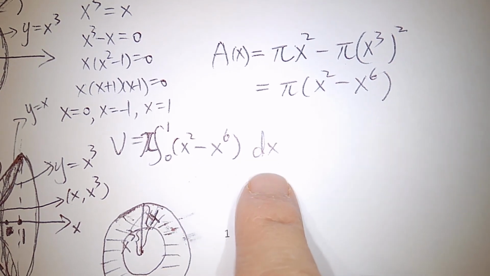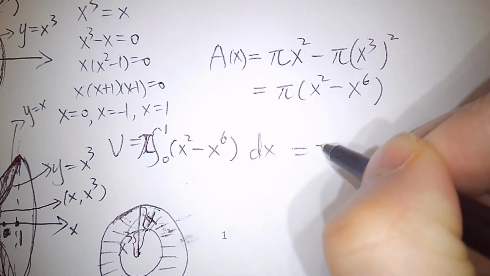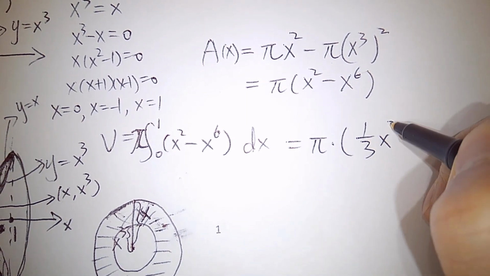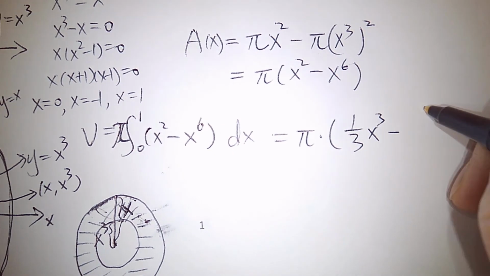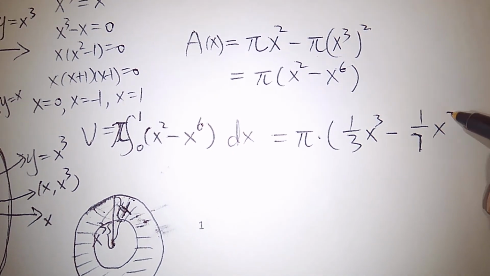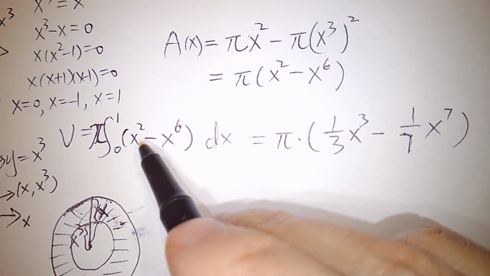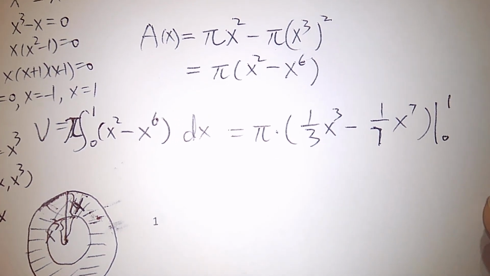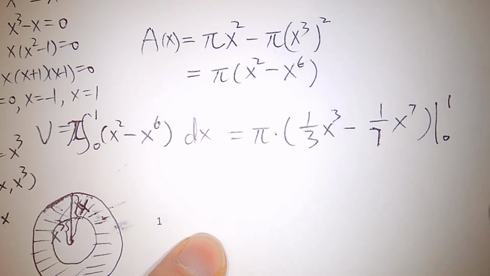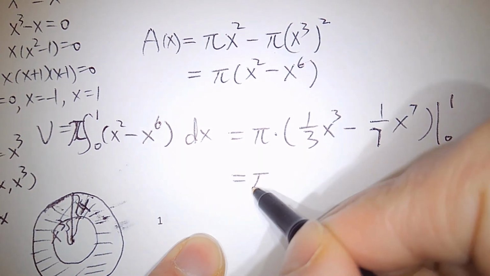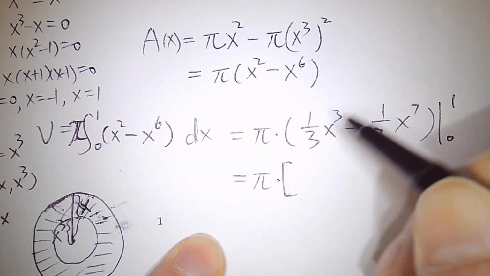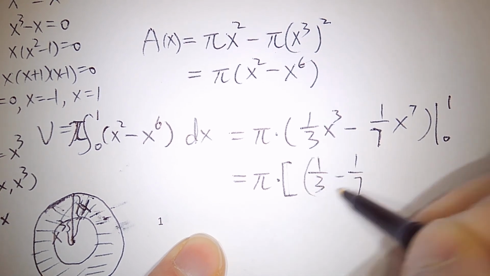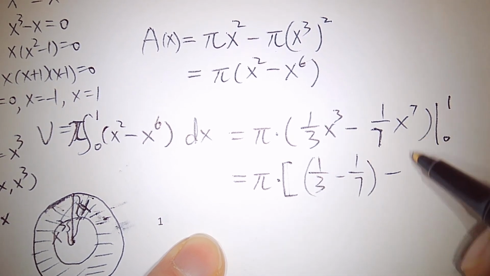You guys, that's good? Let's compute it. So pi, the antiderivative of x squared is 1/3 x cubed, and of x to the 6 is 1/7 x to the 7th. And don't forget to evaluate this capital F from 0 to 1. This will give us pi times, replace x by 1, 1/3 minus 1/7, minus the value at x equals 0.